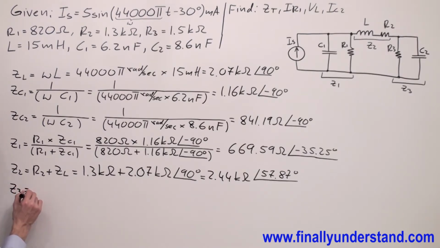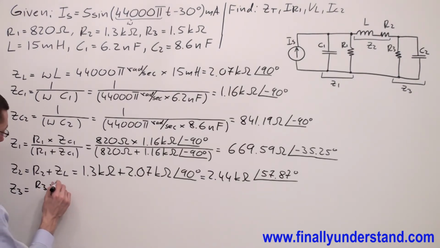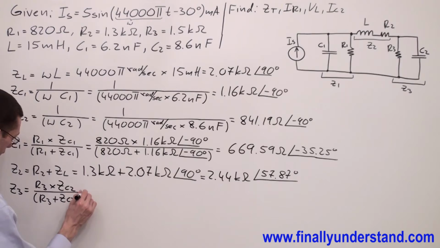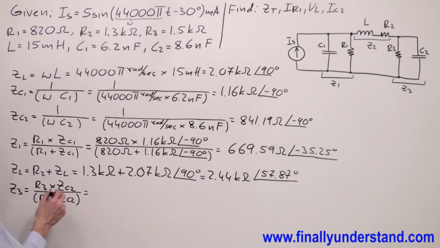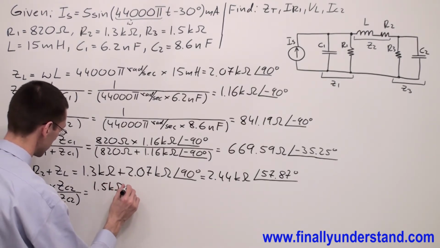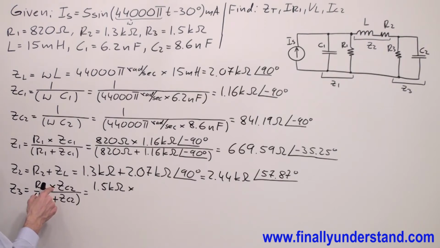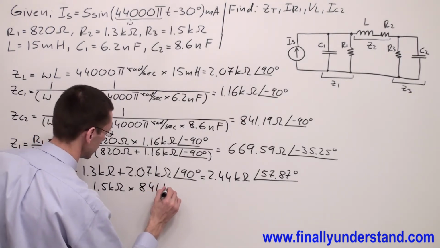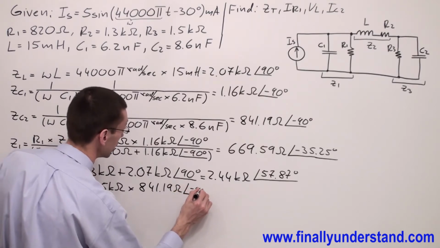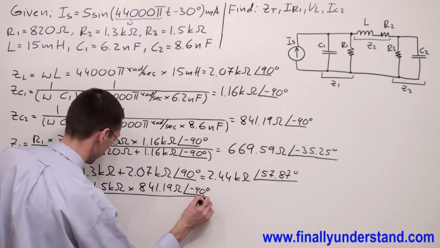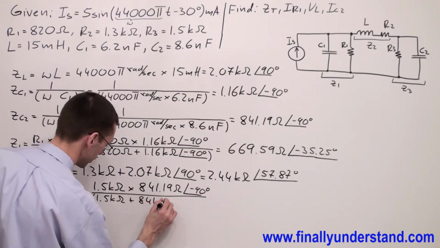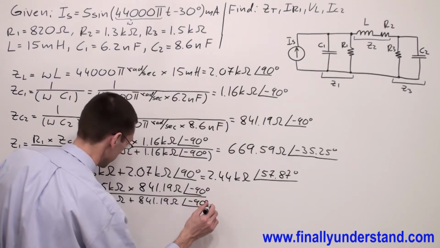So Z3 is equal to R3 times ZC2 over R3 plus ZC2, where R3 is equal to 1.5 kilo ohms times ZC2, which is equal to 841.19 ohms and angle of negative 90 degrees over 1.5 kilo ohms plus 841.19 ohms and angle of negative 90 degrees.